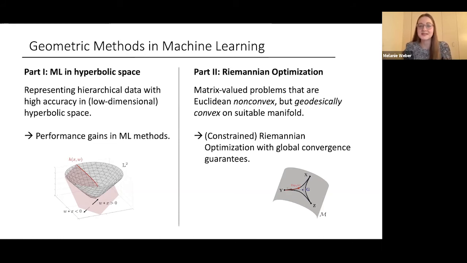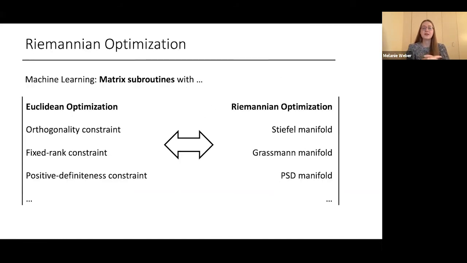Okay, so as I said, the second part is motivated by a different set of machine learning problems that we encounter, which are matrix-valued. So here you can think of machine learning tasks that have a subroutine where you optimize over a certain class of matrices, maybe over orthogonal matrices or fixed rank matrices or positive definite matrices.